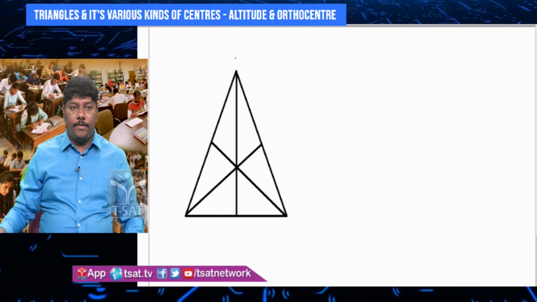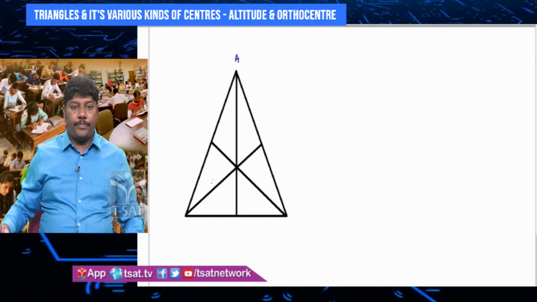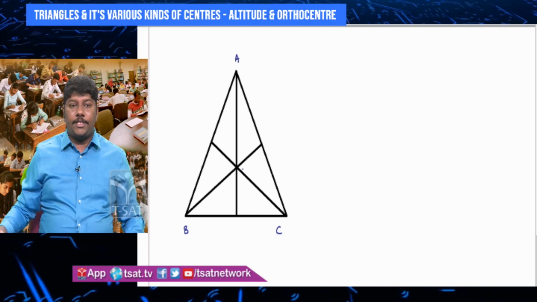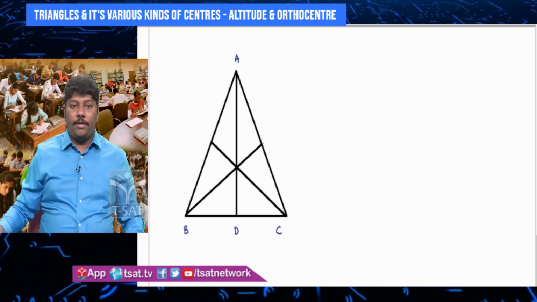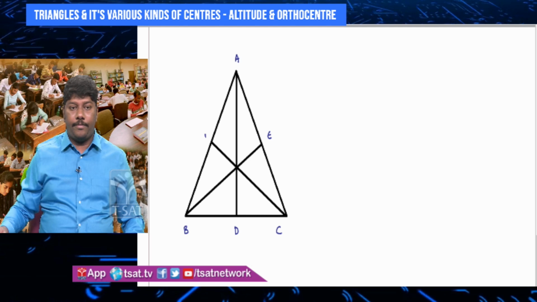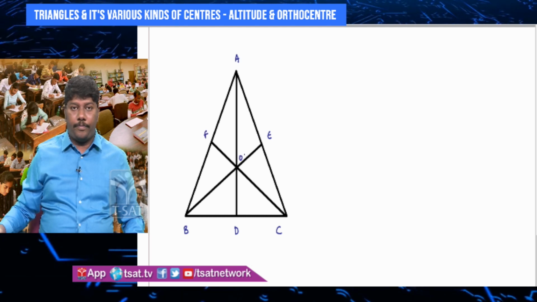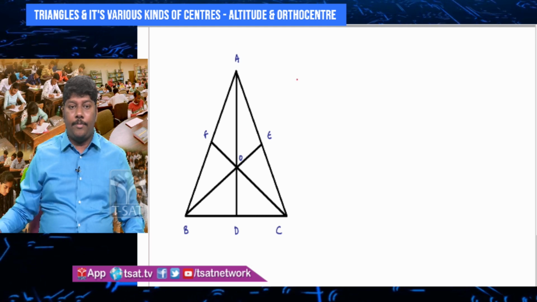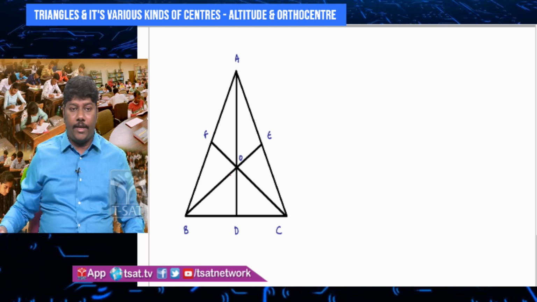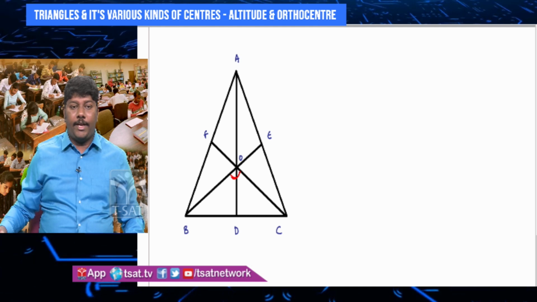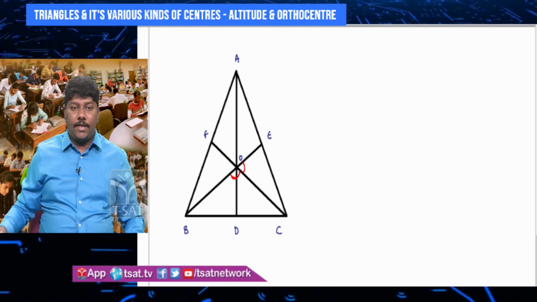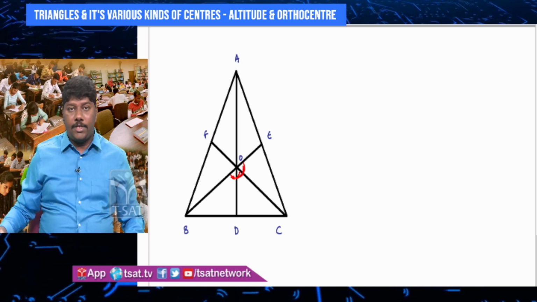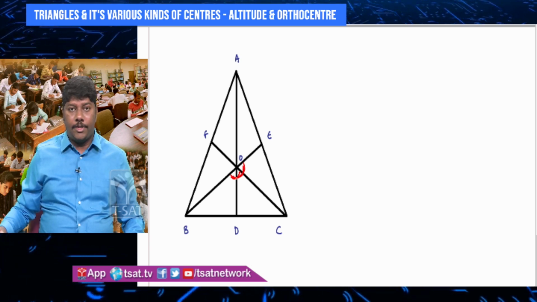Let us take the triangle ABC. Here the intersection point of altitudes AD, BE and CF is O. We know angle BOC is equal to 180 minus A. If it is 180 minus A, this angle and angle BOC form a linear pair. Therefore, if it forms a linear pair, the sum of angles must be 180.